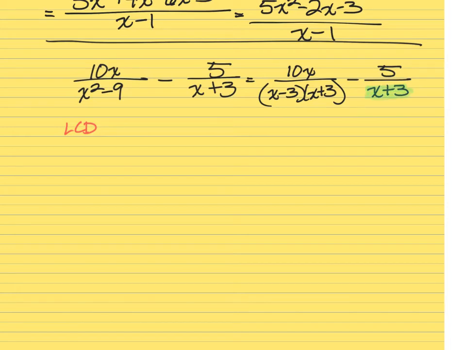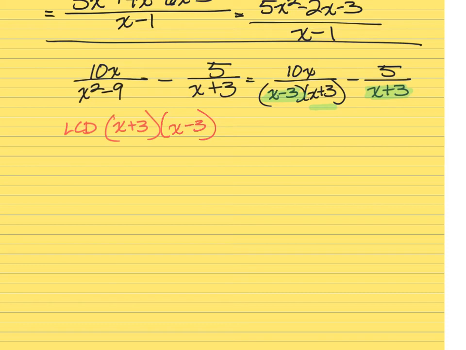So my LCD needs to contain an x plus 3. What other denominators do I have? Well, I have an x minus 3. The x plus 3 I've already accounted for, so I've got to include an x minus 3 as well. So my LCD is x plus 3 times x minus 3.